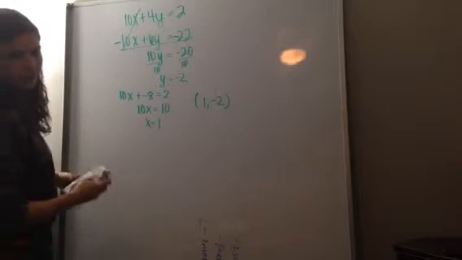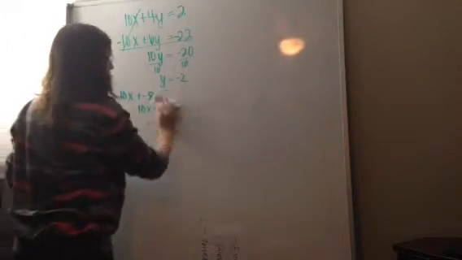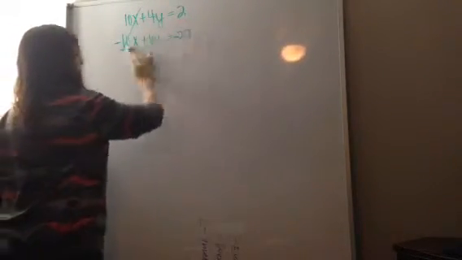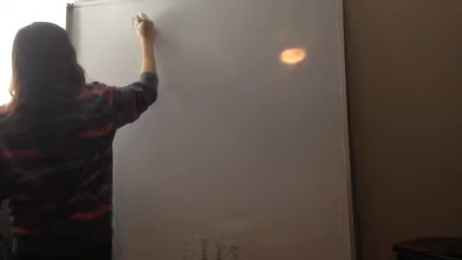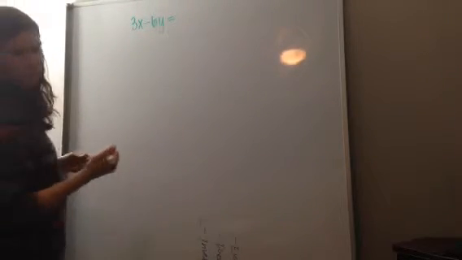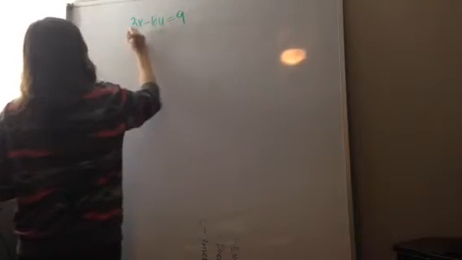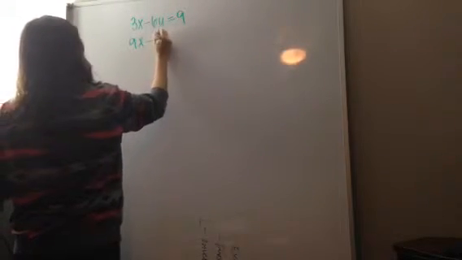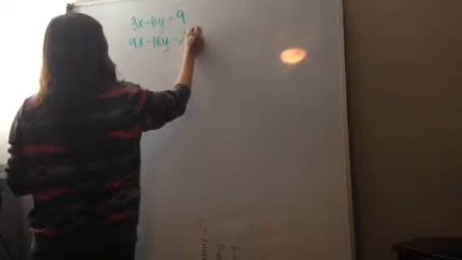Okay, the next one. So if I have 3x minus 6y equals 9, 9x minus 18y equals 27.